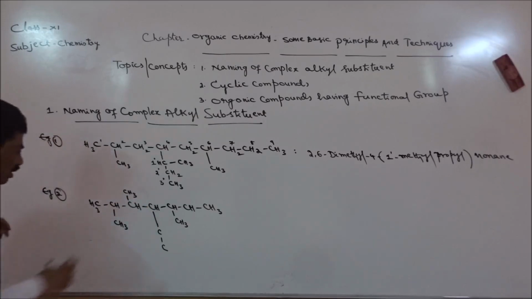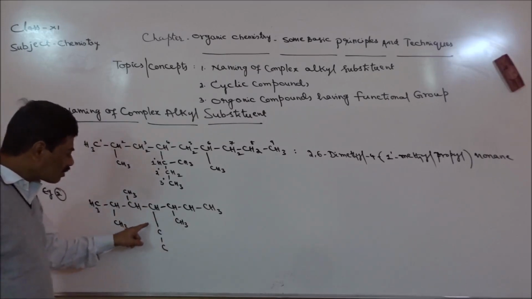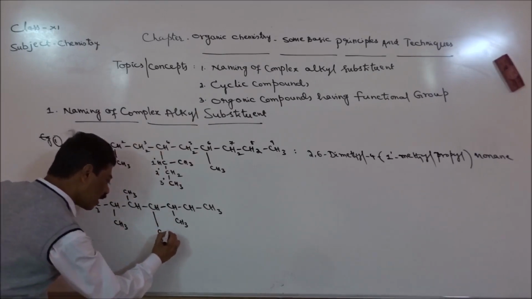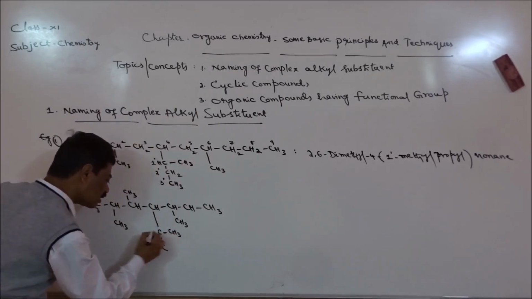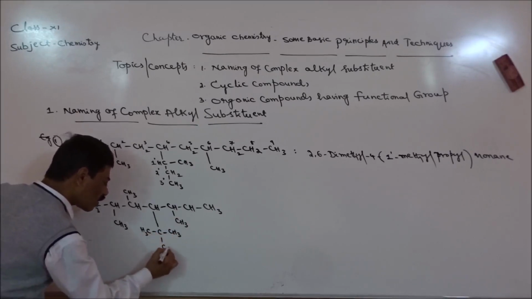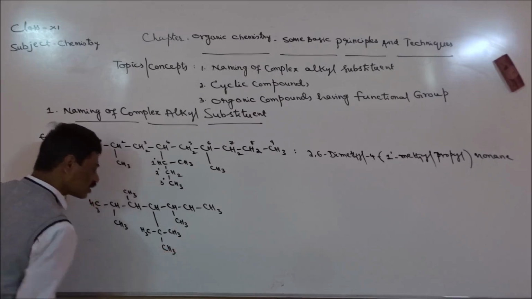Now I am going to make this a complex alkyl group. So what I am going to do here is, I will add one methyl group towards RHS and one methyl group on LHS, and this carbon will become CH3.